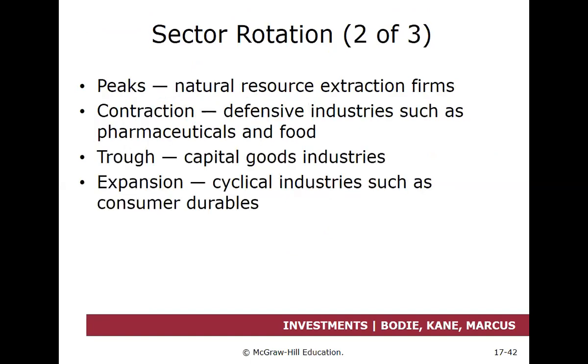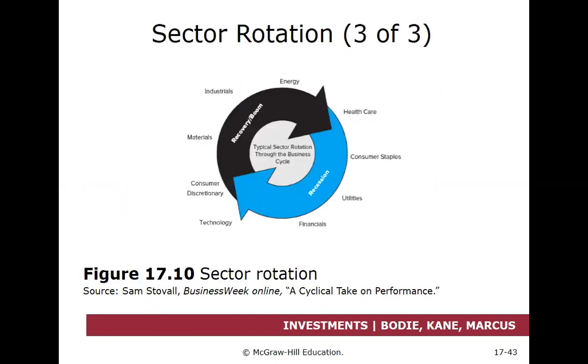Sector rotation: at the peak, natural resource extraction firms; in contraction, defensive industries such as pharmaceuticals and food; at the trough, capital goods industries; in expansion, cyclical industries such as consumer durables. Okay, this is the picture of this cycle.